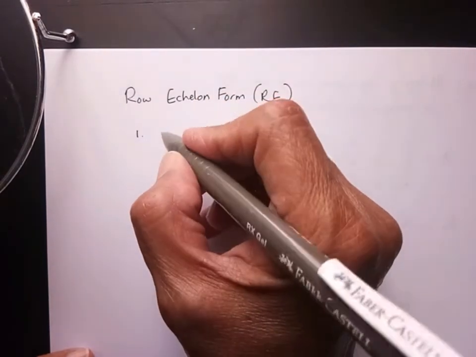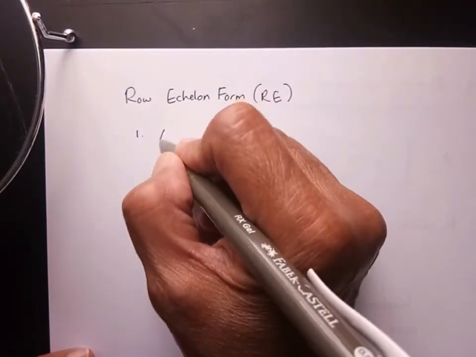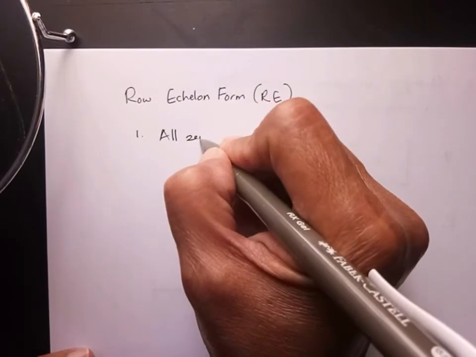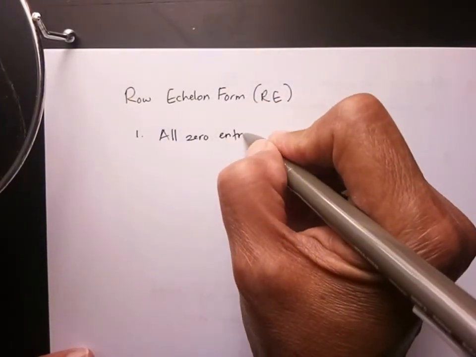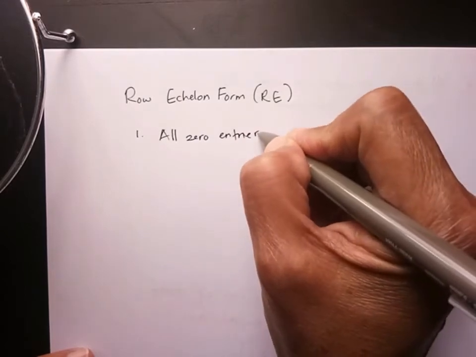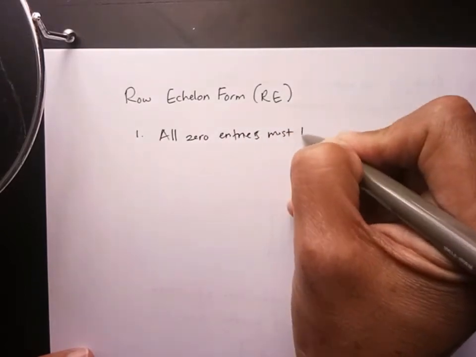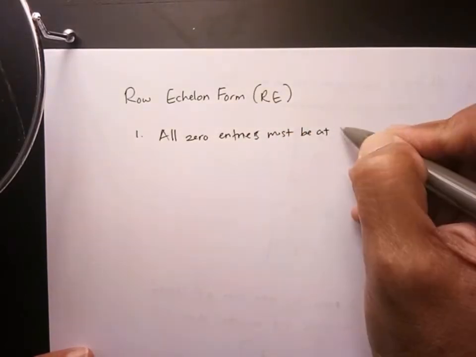First, all 0 entries must be at the bottom of the matrix.